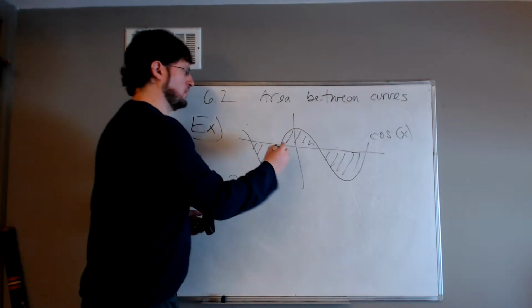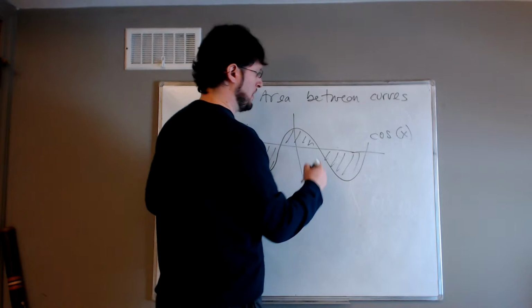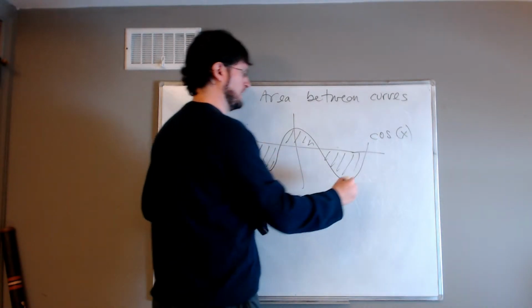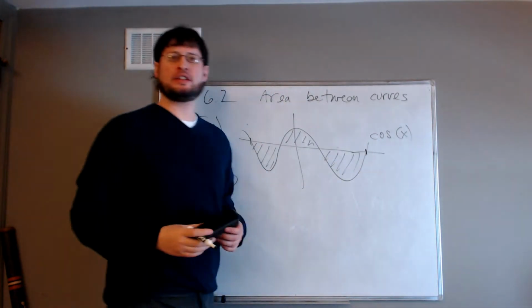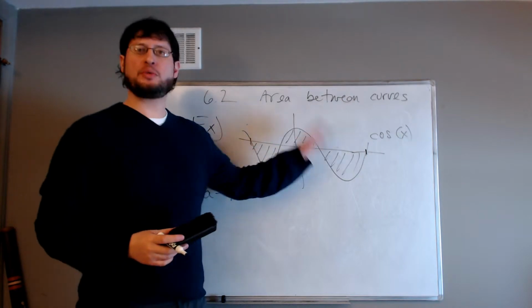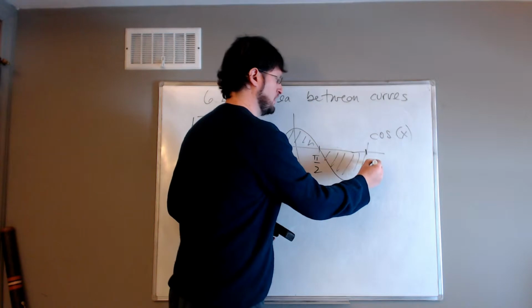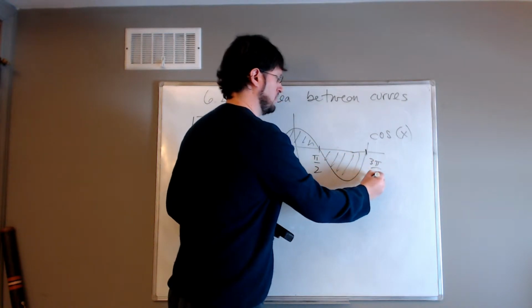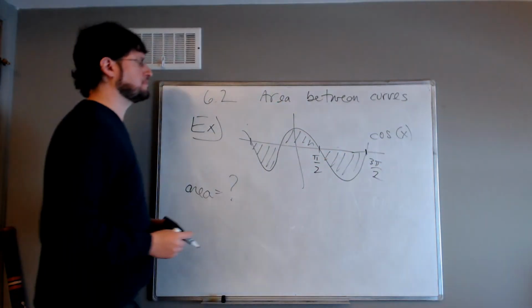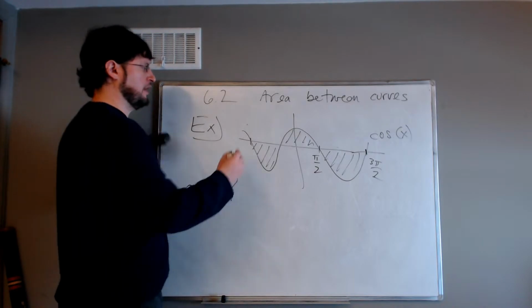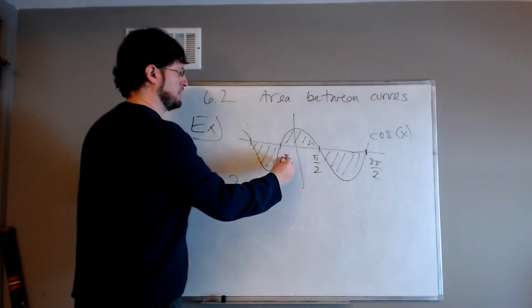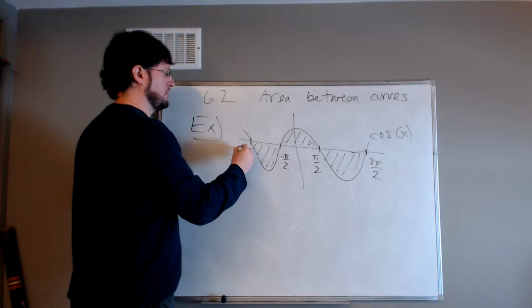And so this goes, remember, when is cosine x 0? Cosine x is 0 at multiples of pi over 2. So this is actually pi over 2, and this is 3 pi over 2. And this is minus pi over 2, and this is minus 3 pi over 2.